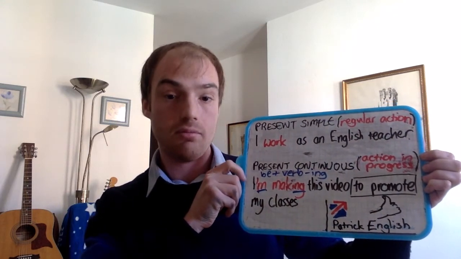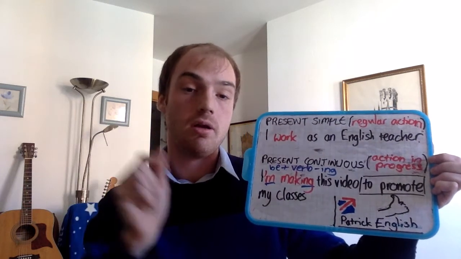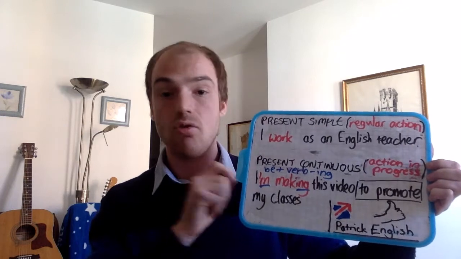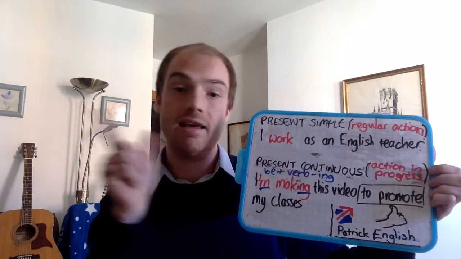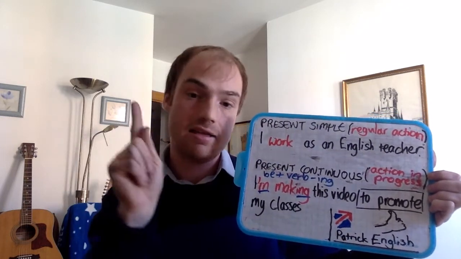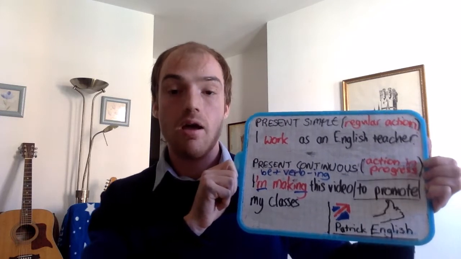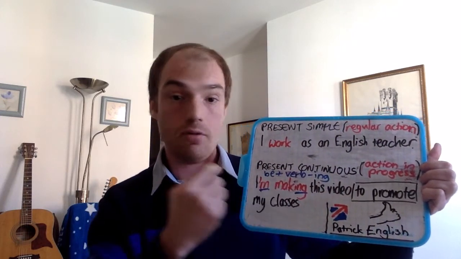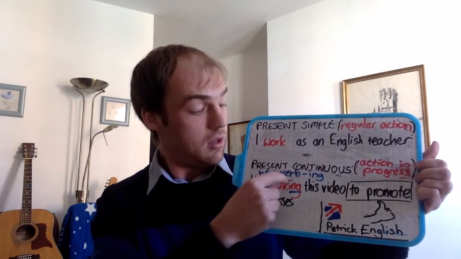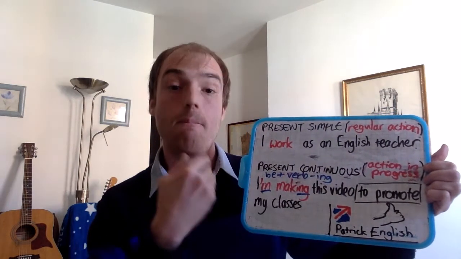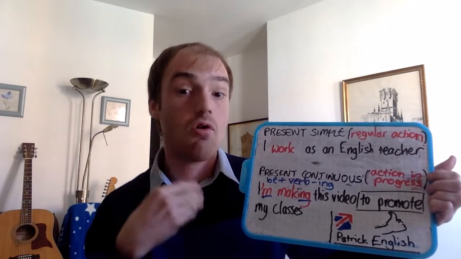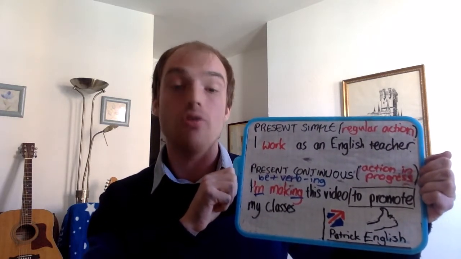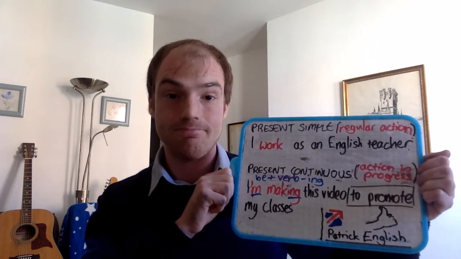So for example, I am or I'm, you are or you're, she is or she's, he is, he's, it is, it's, okay? And the verb, here it's make, but it could be watch, plus ing, so making, or for example, watching. Now you can pause the video and talk about yourself.